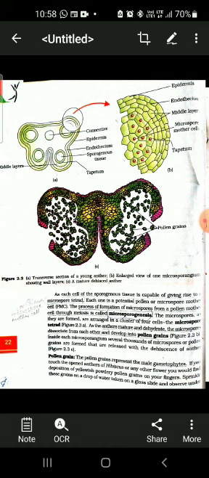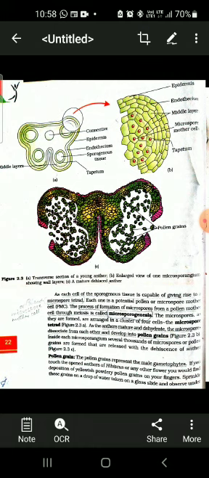In over 60% of angiosperms, pollen grains are shed at this two-celled stage. This is important to note. Sometimes in your examination such questions are asked, so keep in mind that in most angiosperms, pollen grains are shed at this two-celled stage.